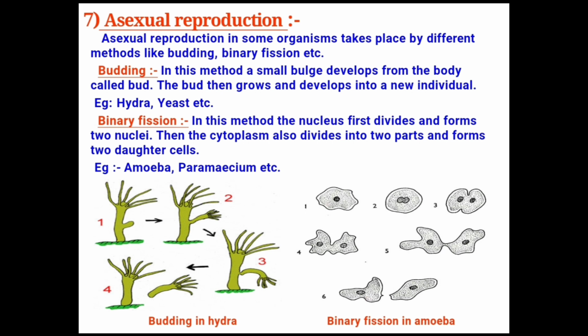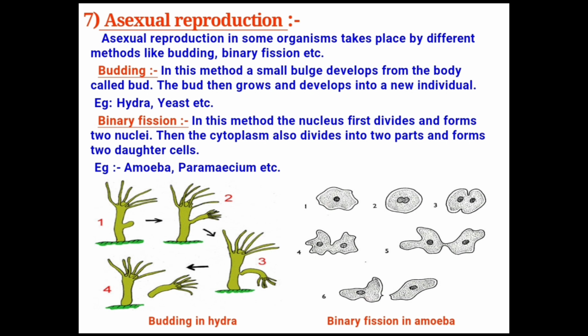So in this method, the nucleus first divides and forms two nuclei. Here the nuclei are being formed. So first the nucleus is divided, then the body is divided and forms two daughter cells, right or not? So this is the method of binary fission, and the other is the process of budding under asexual reproduction.